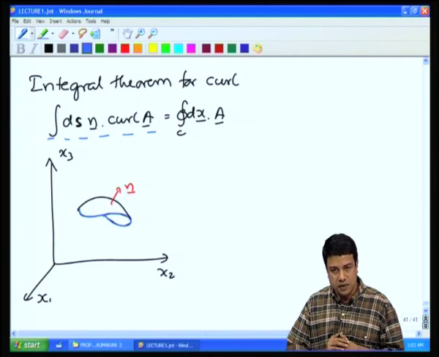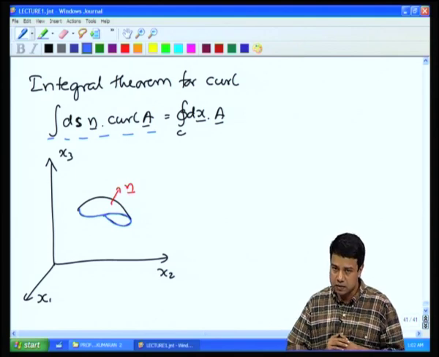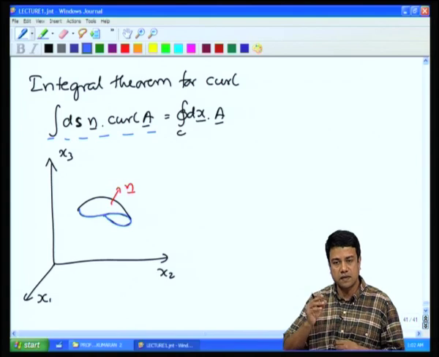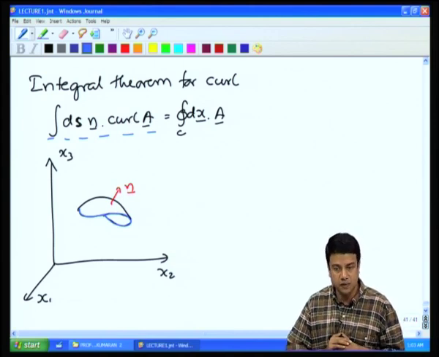Second important consequence, I could have many surfaces which have the same perimeter. Just as in the case of the integral for the gradient, I told you that I could have many different paths between 2 points. In this particular case, I could have many different surfaces which have exactly the same perimeter.